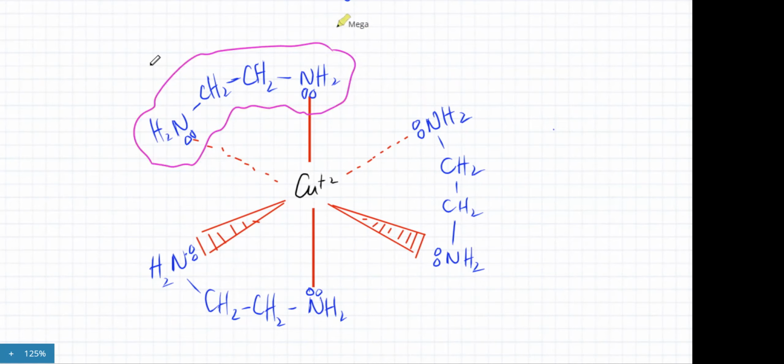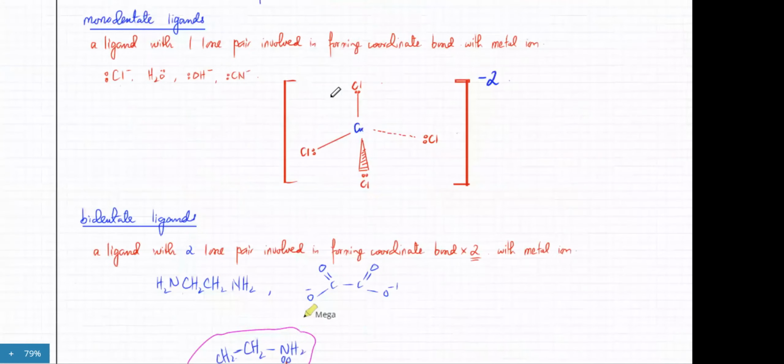But that one molecule is now a big molecule. There's an N lone pair that's getting attracted to copper plus 2 from one side, and there's an N lone pair which is getting attracted to the copper plus 2 from another side. Because it's bigger in size, it's capable of forming 2 dative bonds. Is this clear? Yes, sir. Otherwise there is no difference.